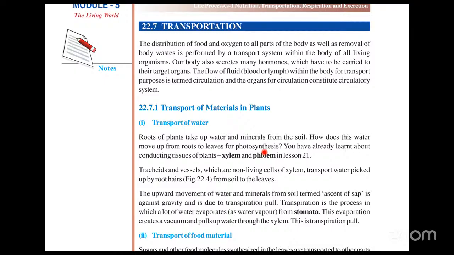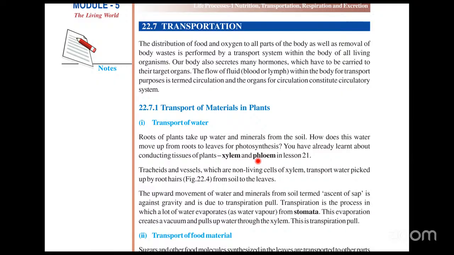Xylem and phloem. So can I ask Ira, what do you mean by xylem? Do you know something about xylem? Xylem is used for the transport of water. And phloem is used for the transportation of food.